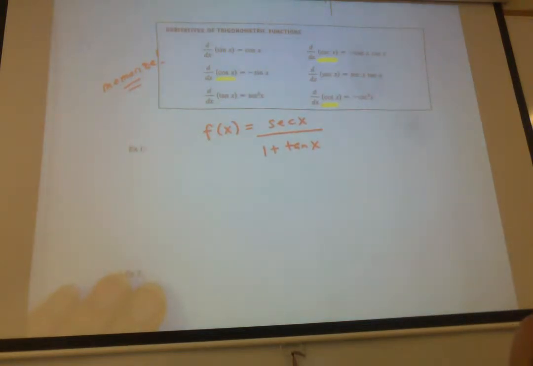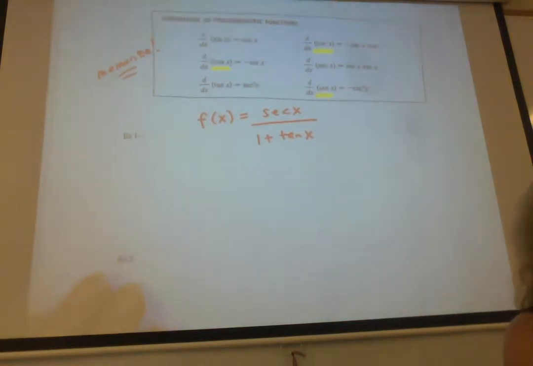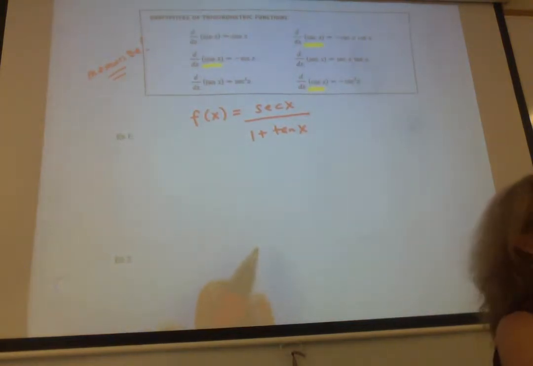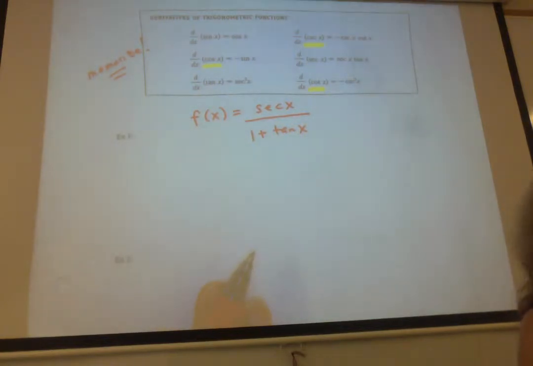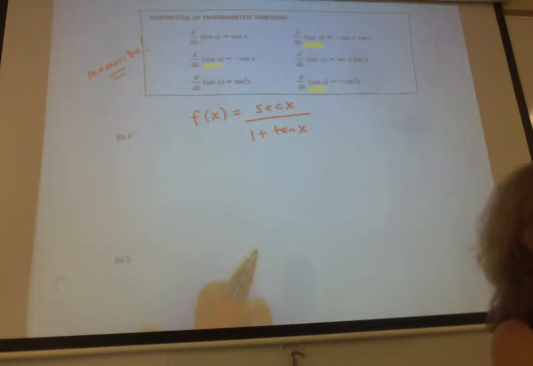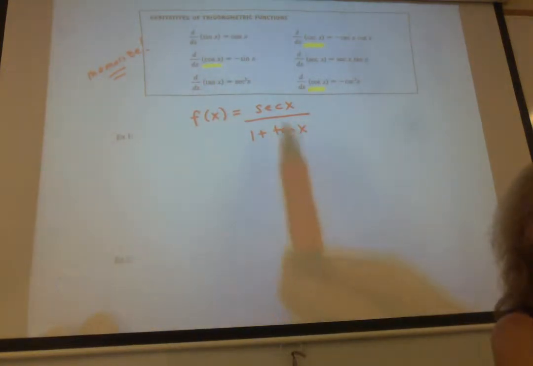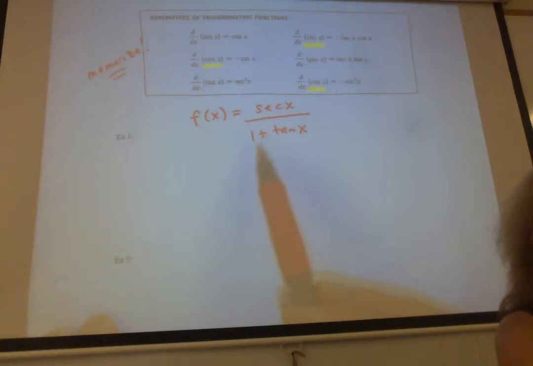All right. So before I just plunge into quotient rule, which I hope people are thinking, I want to first think, can I simplify this? So can I divide secant x by 1 plus tan x?